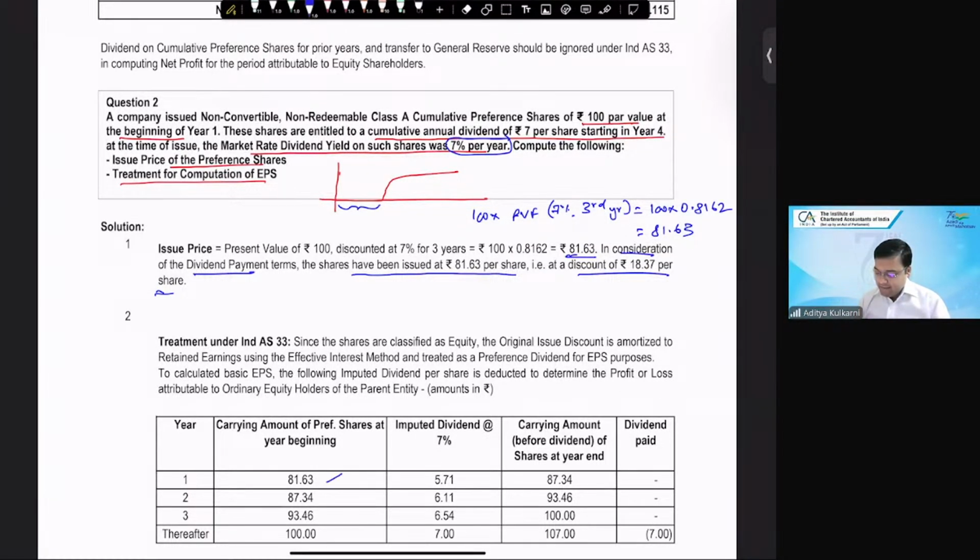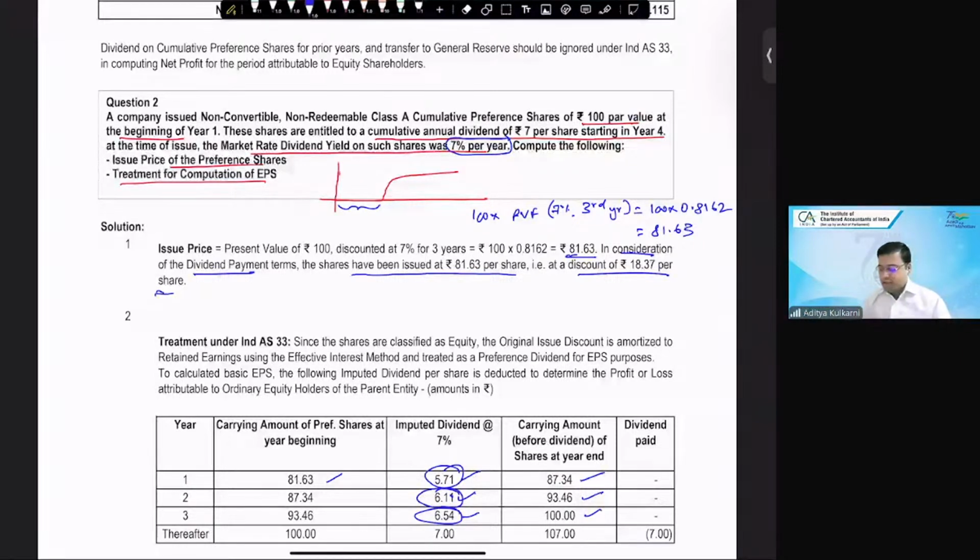So 81 plus 7%, 87; 87 plus 7%, 93; 93 plus 7%, growing up to 100. So in each year, you have an imputed dividend, which means a dividend already included in your discounted price. That 81 is getting built up to 100 over the period of 3 years.